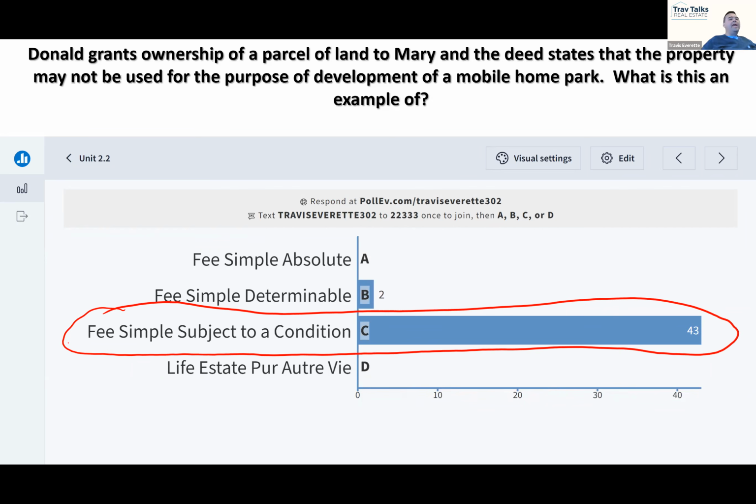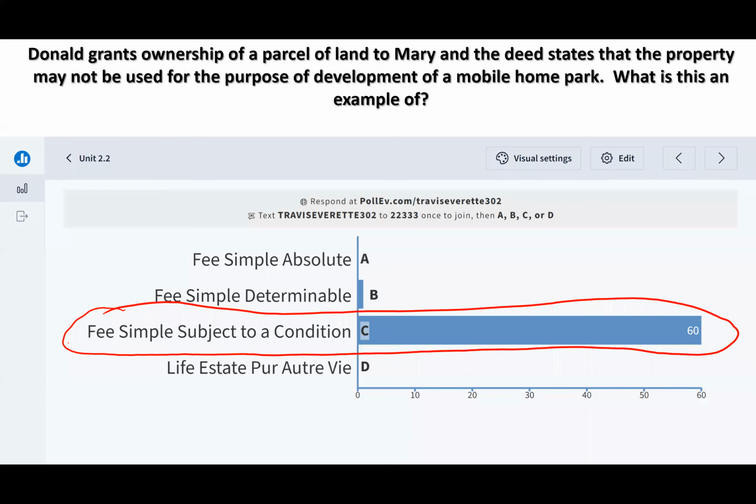Subject to a condition. If it was determinable, would Donald be telling Mary what she couldn't do, or would Donald be telling Mary these are the things you can do with the property? Determinable would be can do. I like to think about determinable as, this is determined. But it's super strict. Exactly.